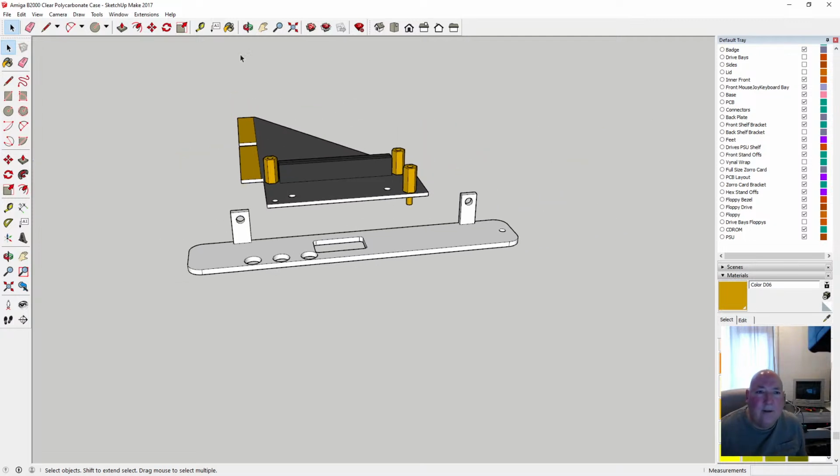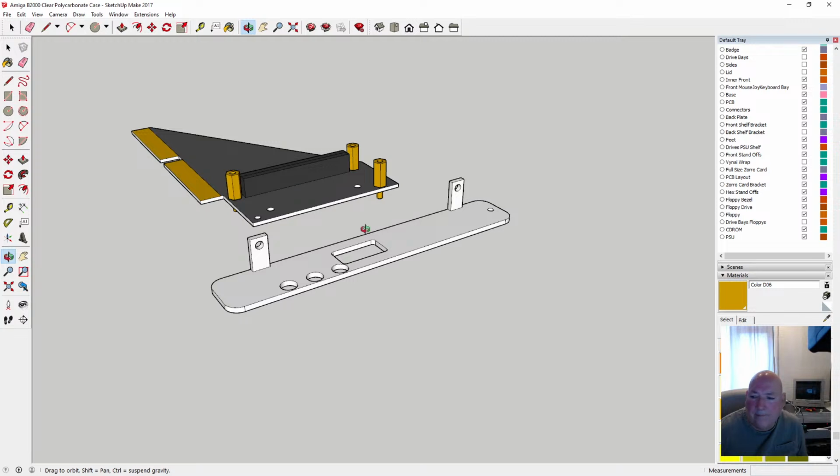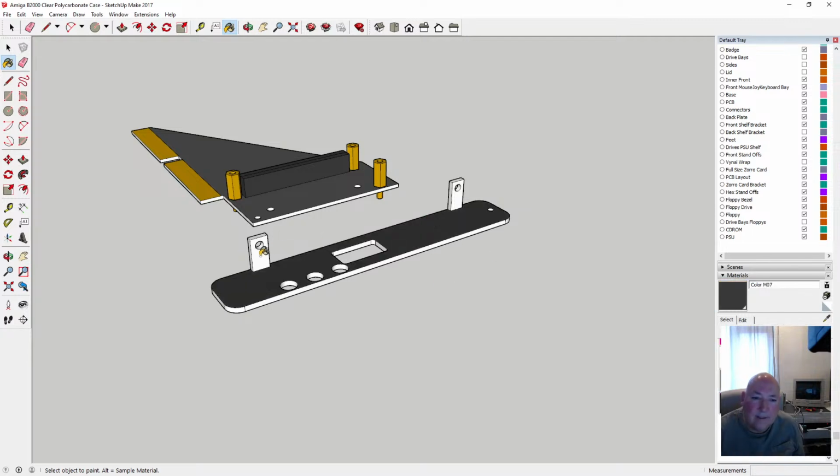Okay, so we need to colour it. It is actually black. Black plastic. Sort of a charcoal. Sort of the same colour as the PCB. So, let's try that. Yeah, I like that colour.